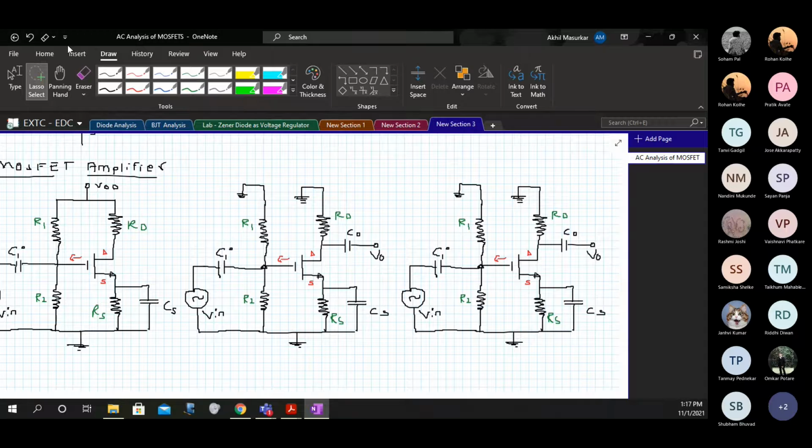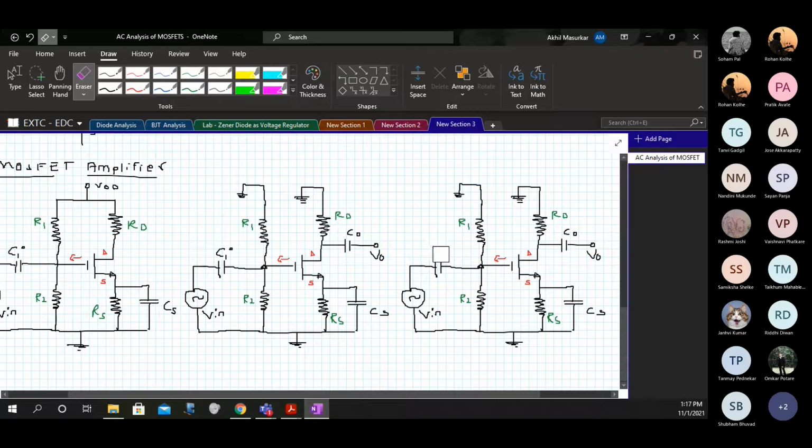In this case, we will short circuit the capacitances. So this CS, this C0, everything will get shorted.